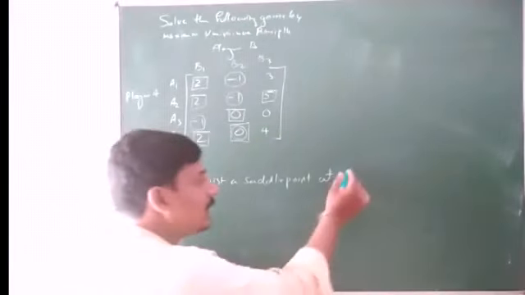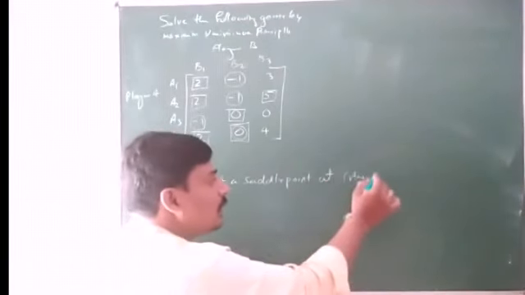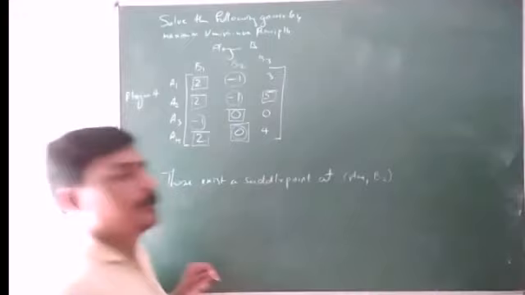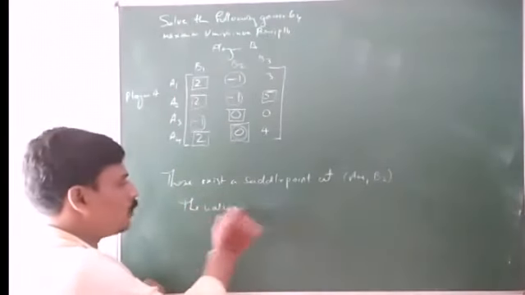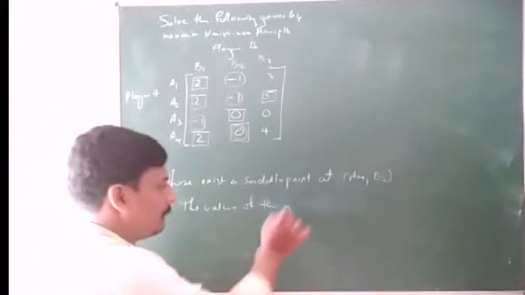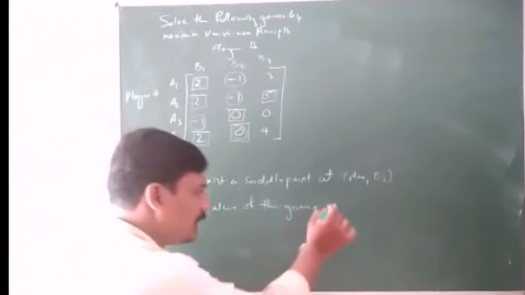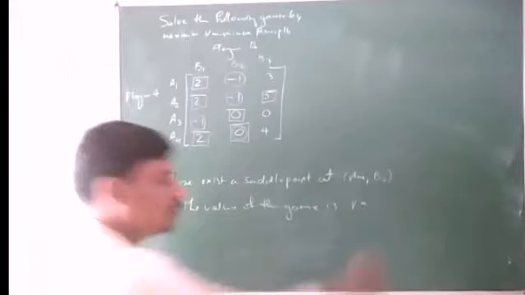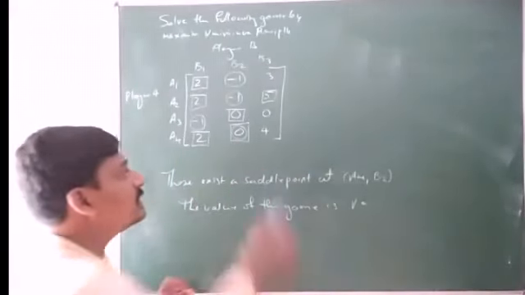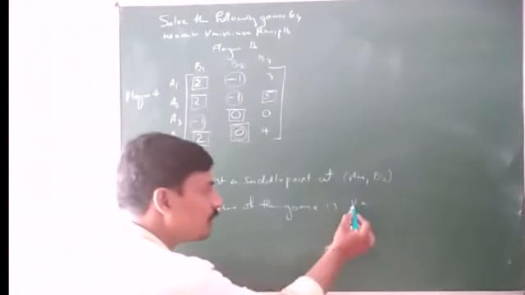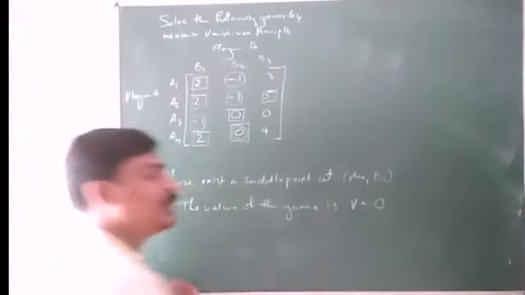And the value of the game: payoff at A4, B2 is 0, so the value of the game V is equal to 0.